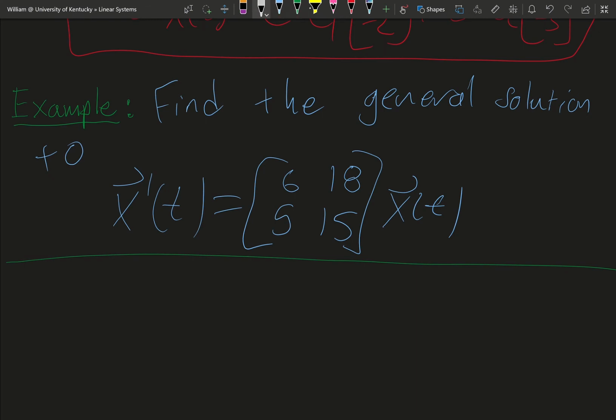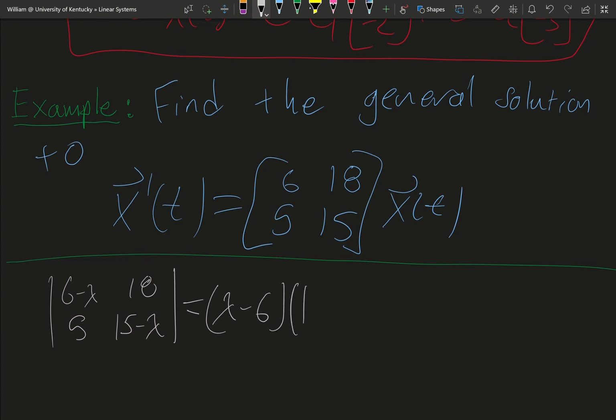We're just going to find the characteristic polynomial, 6 minus lambda, 18, 5, 15 minus lambda. And even though it's sort of technically wrong, I'm just going to skip the step where I even write it the other way, because I am much more used to writing it this way.